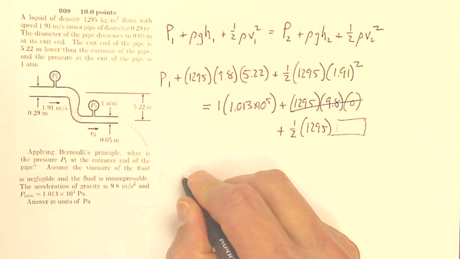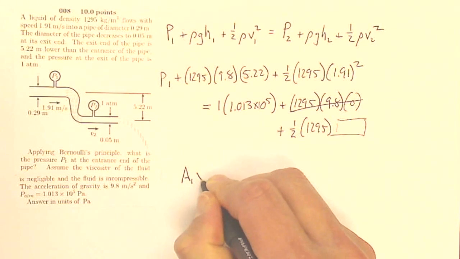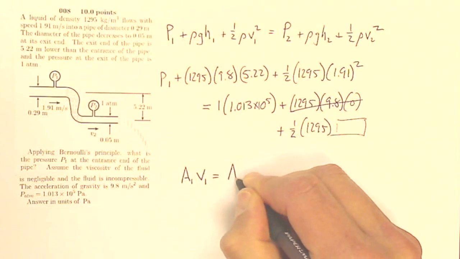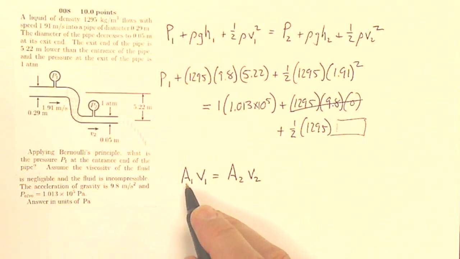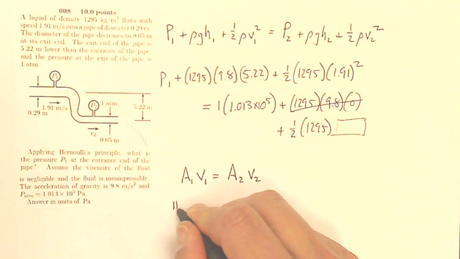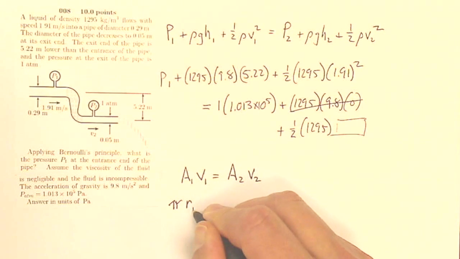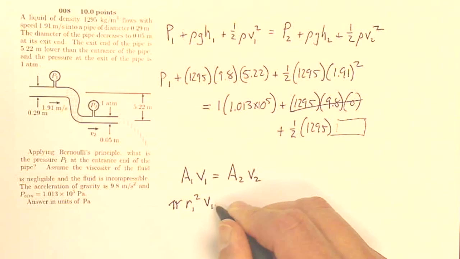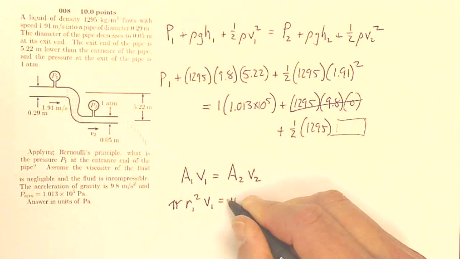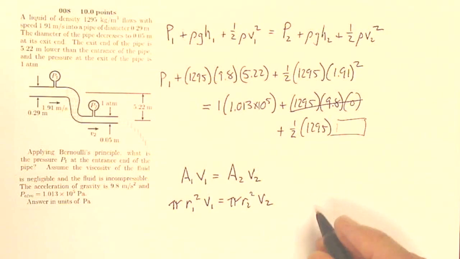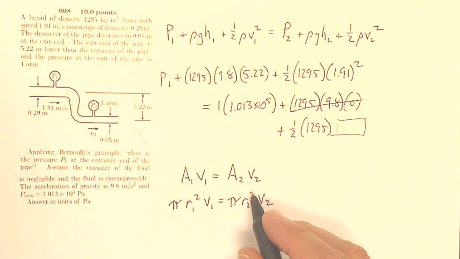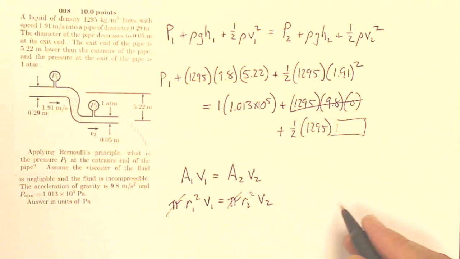To get my v2, I know that my area 1 times my velocity 1 is going to equal my area 2 times my velocity 2. Area 1 is pi r1 squared times v1 equals area 2, pi r2 squared times v2. Conveniently, pi is on both sides.